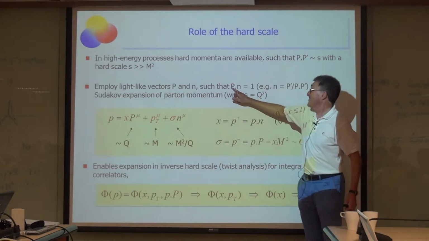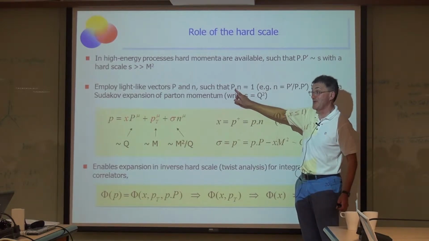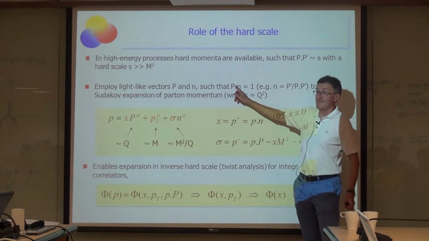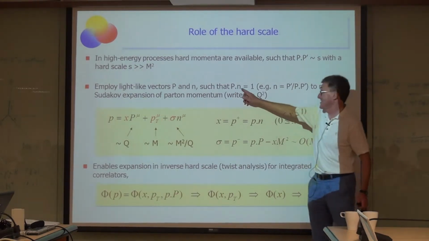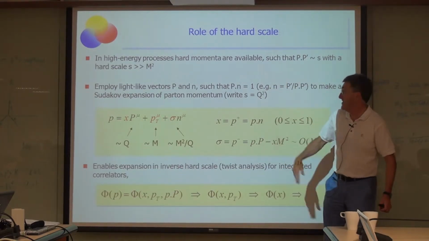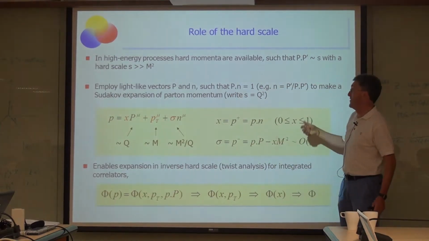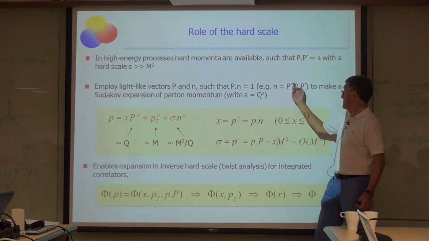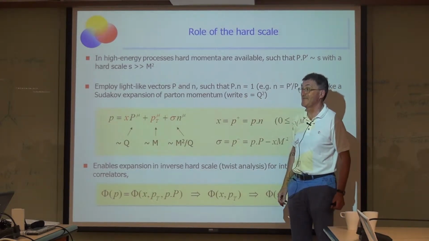And for every vector P, which is treated as a light-like vector in high energy processes, there is an n if P is active in a hard process. This n is essentially built from one of the other vectors, and P dot P prime will be S. So you normalize it: n is essentially P prime over P dot P prime, and you have these nice properties.